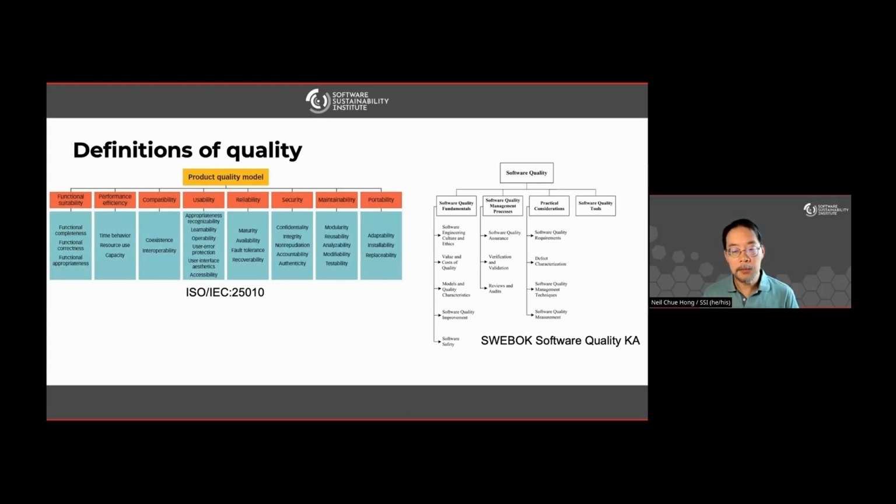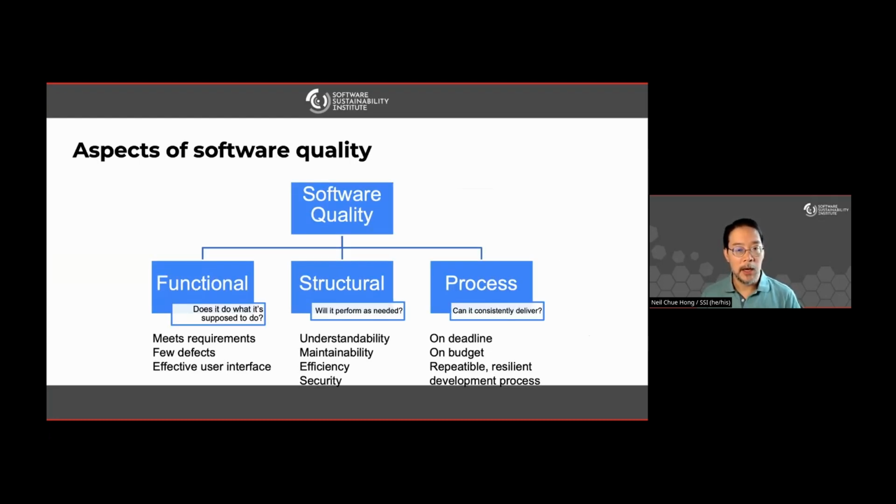So there are many, many different definitions. You can see some of them in things like the Software Engineering Book of Knowledge, for instance, or in some of the ISO, IEC certifications. What I want to do is take a little step back and identify what perhaps each of these definitions have in common. And I would say that they all have 3 separate sets of aspects of software quality.